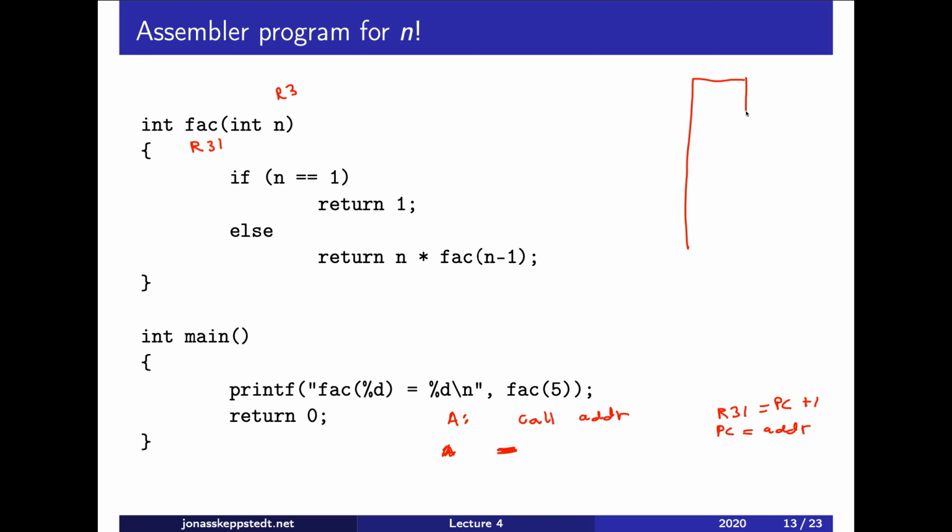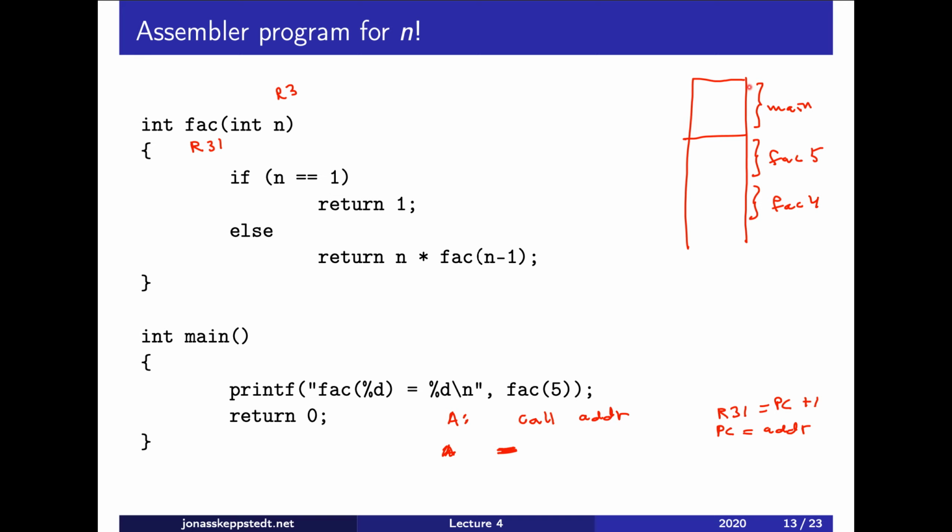So each function that we call, the first one was main. This is just to demonstrate the idea. Then we call factorial for the first time with 5. Then we will call factorial with 4 as parameter, etc. And we use the stack.